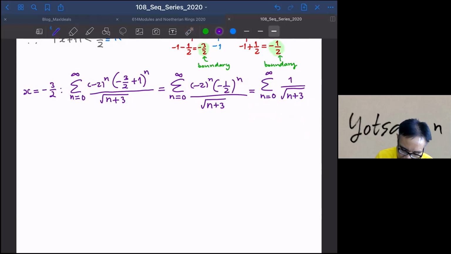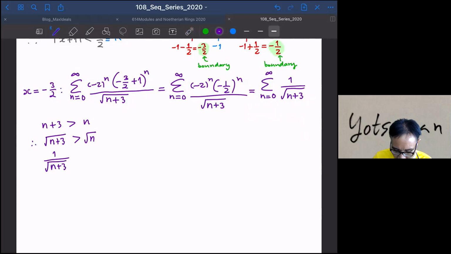So let's compare. You have n plus 3 more than n, for sure. So root n plus 3 must be more than root n, and you have 1 over root n plus 3 less than 1 over root n.